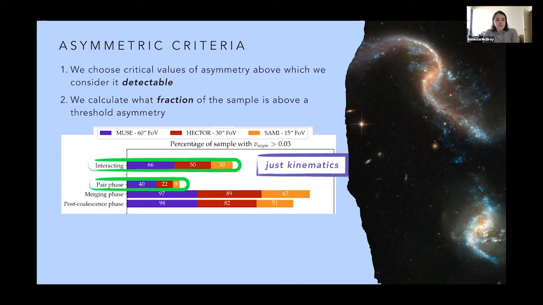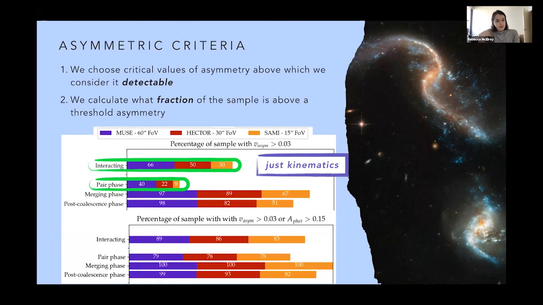And you can see that with the full field of view, we're able to detect mergers are occurring 66% of the time. But with the smallest field of view, that goes all the way down to 30%. This is even worse in the pair phase, where in the smallest field of view, we can only detect that it's actually undergoing a merger 9% of the time.